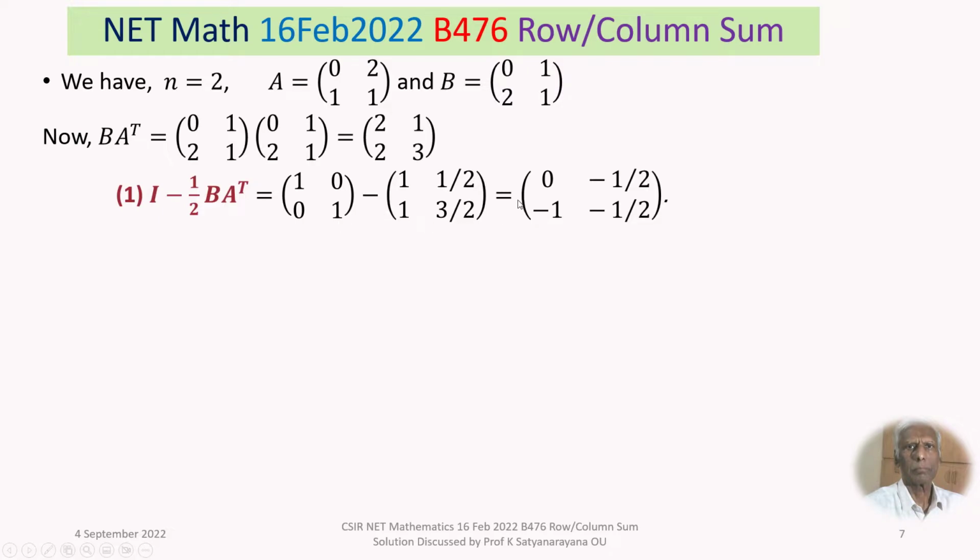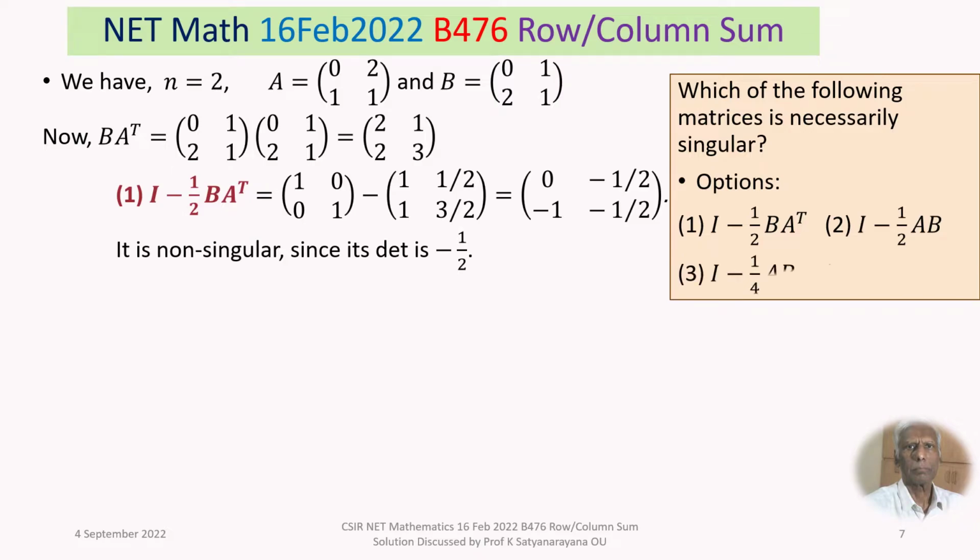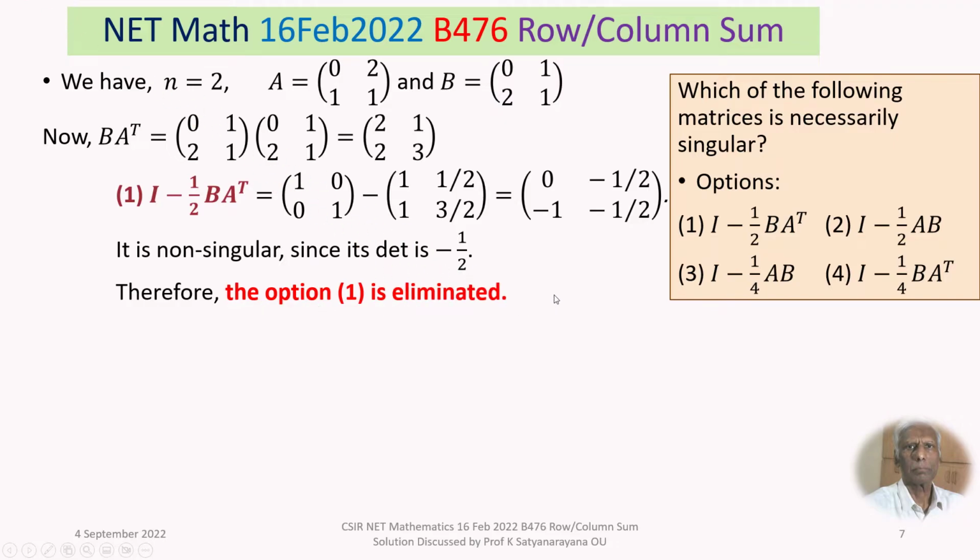And when subtracted, you get this matrix, and it is non-singular because its determinant is minus 1 by 2. So our option 1 is also non-singular, therefore option 1 is eliminated.